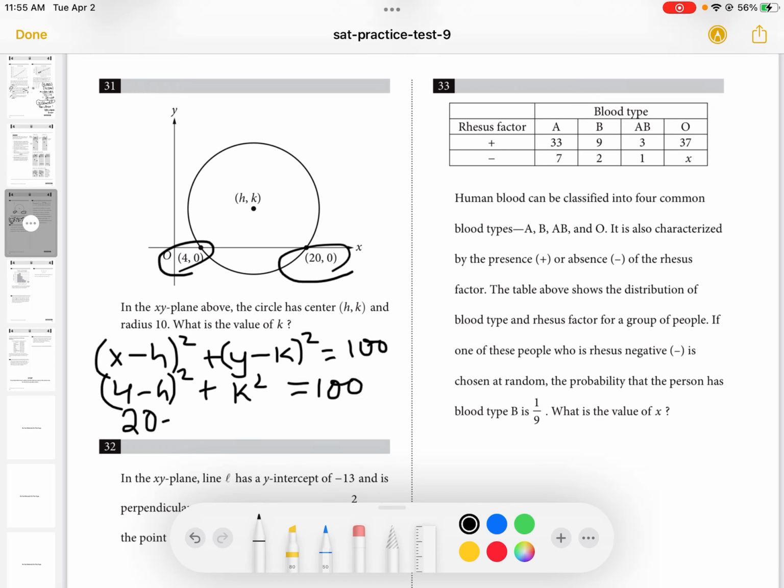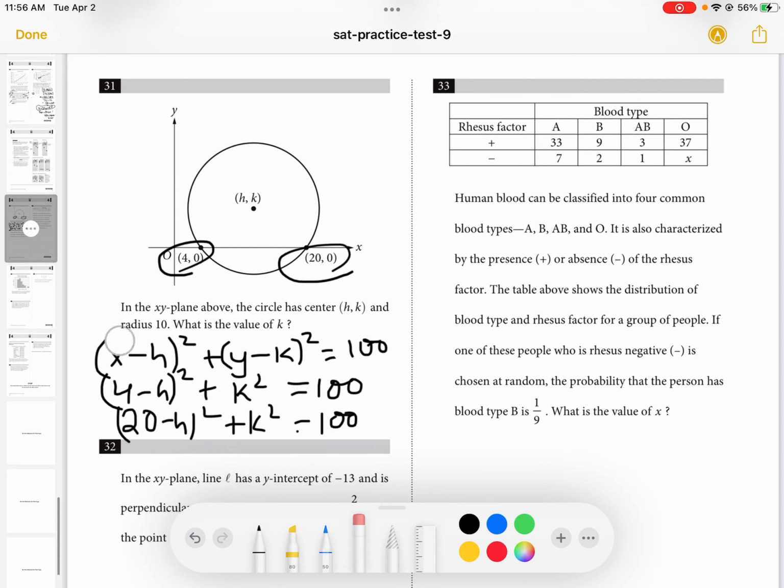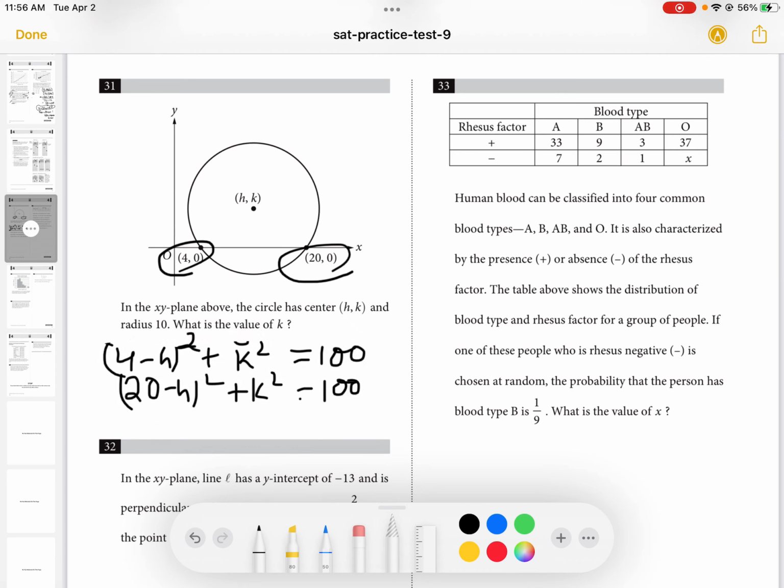And pretty much the same thing here. (20 minus h) squared plus k squared equals 100. So let me erase this bit and bring this up here so we have more room to work with. Alright.